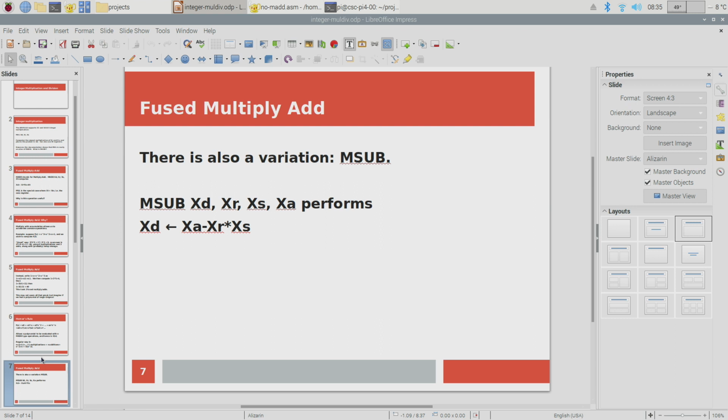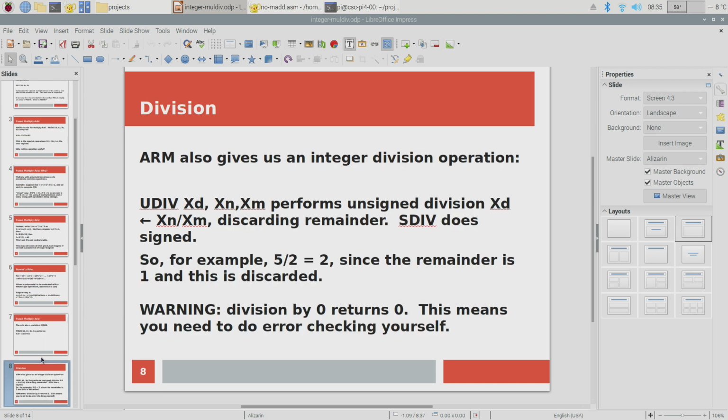Okay. All right, so anyway, why would this version of the operation be useful? Well, we'll get there in a moment. If we can do multiplication, wouldn't it be nice to be able to do division? Yeah, probably. There are two operations that are defined, udiv and sdiv, and the difference is whether or not it's signed or unsigned.